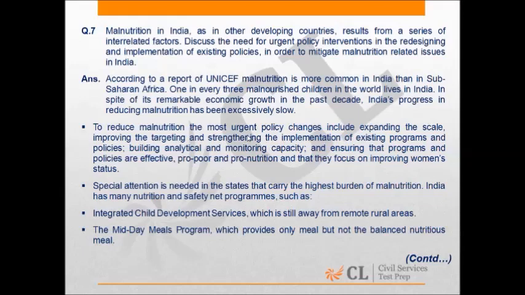There is a famous saying about India that India is the only country where children die of malnutrition and obesity both. So this was question number 7. Now come to question number 8.